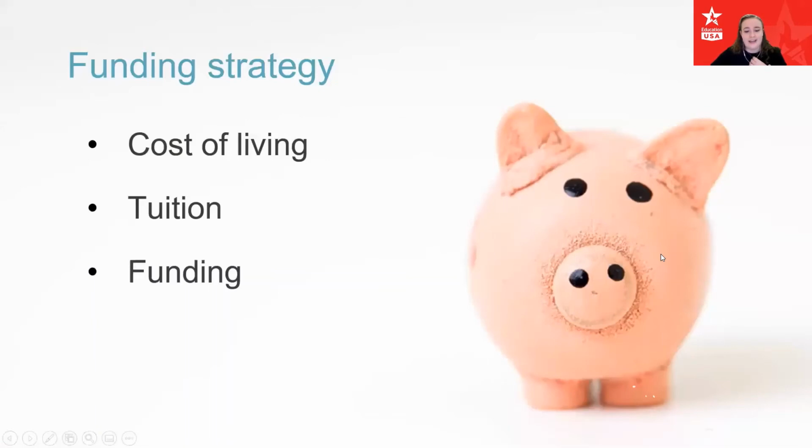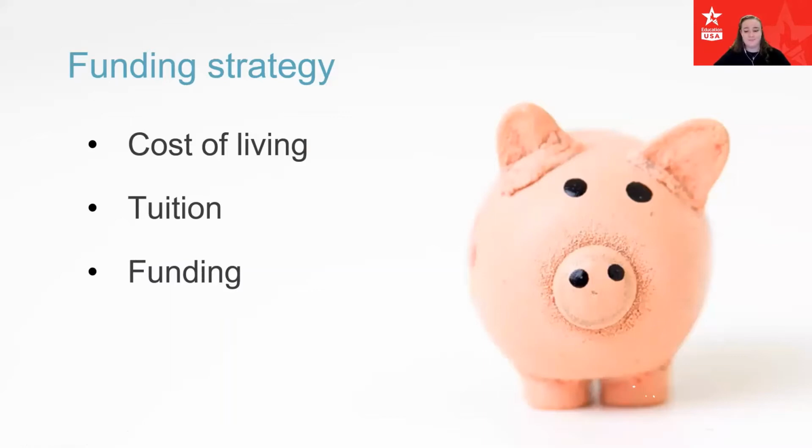Okay, finally, I also want to talk about a couple of ideas for funding strategy that you might want to consider, and these approaches can be really helpful. The first is cost of living. In order to bring the overall cost down, you might consider moving to a university that is in a lower cost of living area, perhaps somewhere more rural.